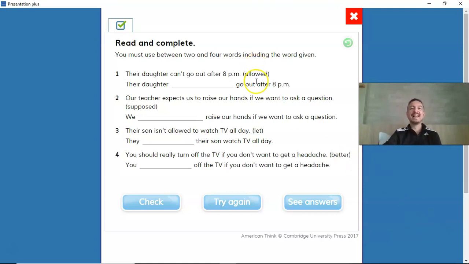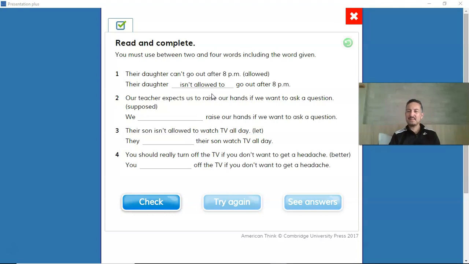If I want to say allowed, I have to use the passive. So their daughter isn't allowed to go out after 8 p.m. She's not permitted. Now I'm going to give you some time to complete, and we are going to be back in a few minutes for a correction. Just pause the video, okay?